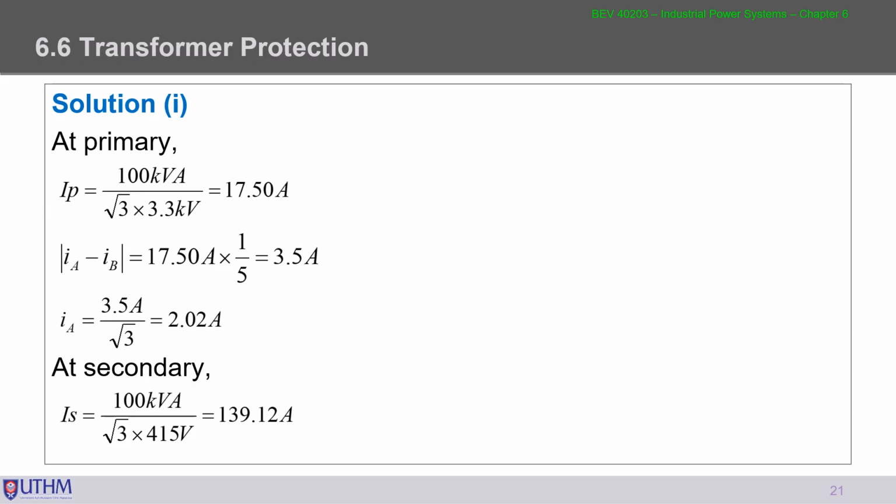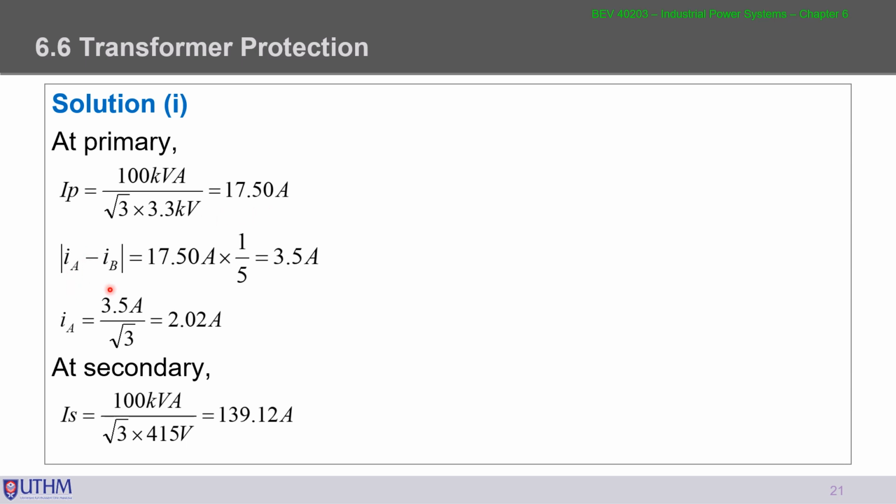Solution for example 6.7. Okay, first we have to find what is the current at the primary side. At the primary side, IP is equal to S divided by √3 times 3.3 kV, which is equal to 17.5 A. This is the I at primary side.